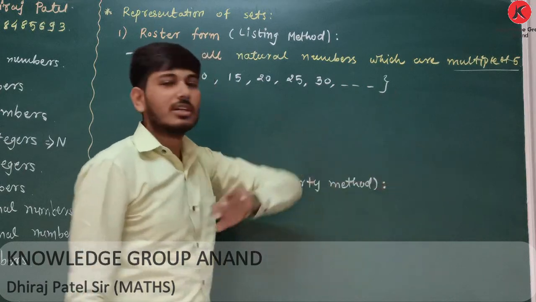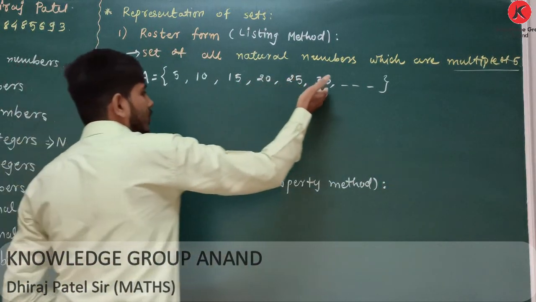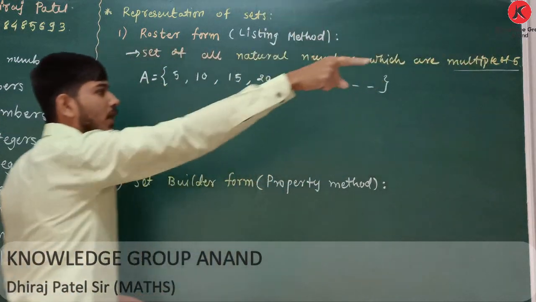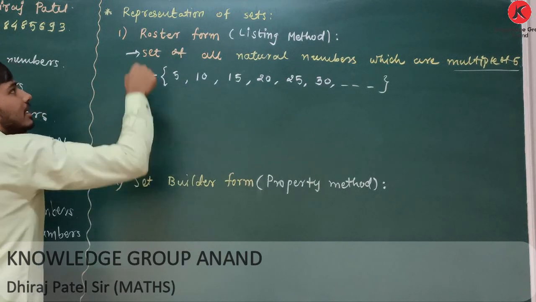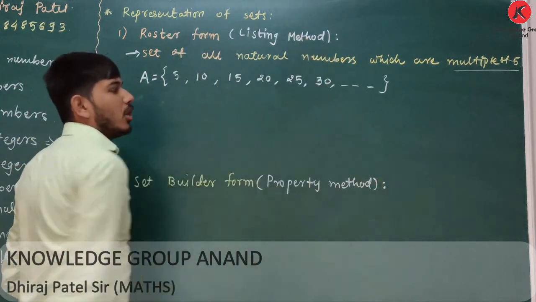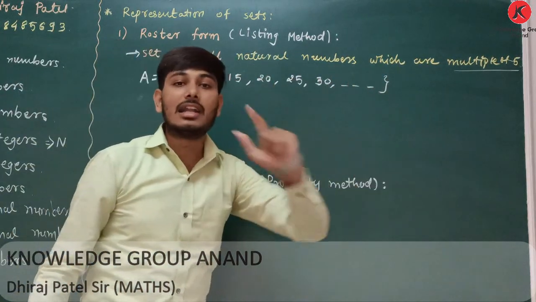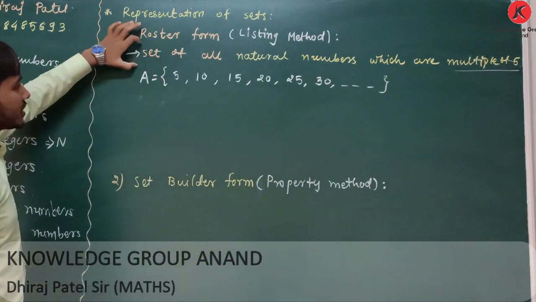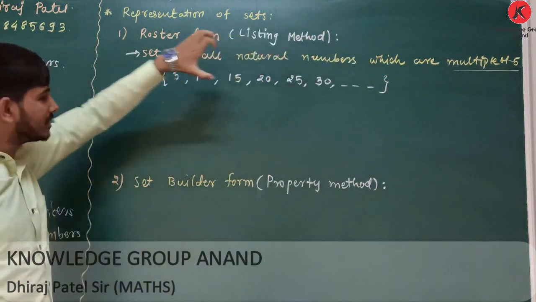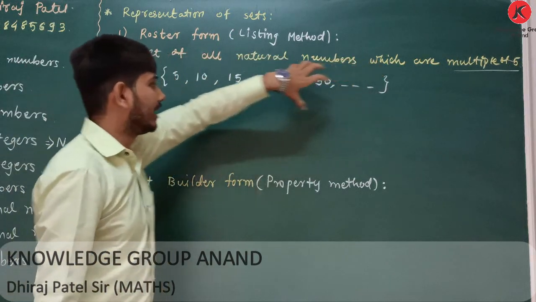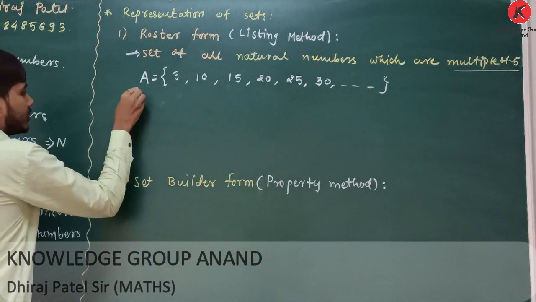Therefore, we have to put 3 dots. 5, 10, 15, 20, 25, 30 up to infinite. This is the representation of the set in roster form or listing method. Clear? The set of all natural numbers which are multiples of 5, the representation of this set is like this. Now, I am going with the next one.